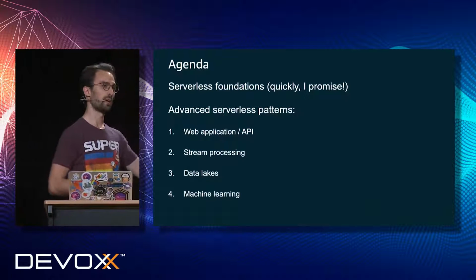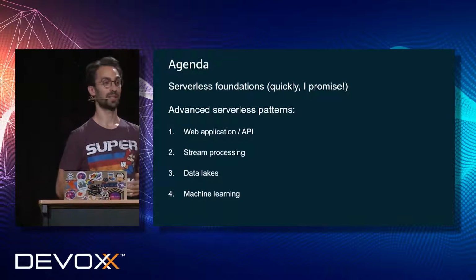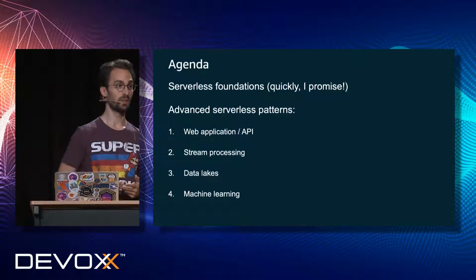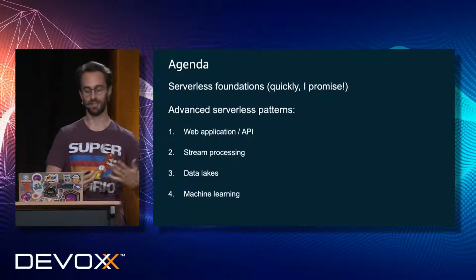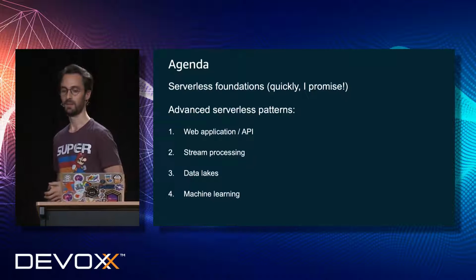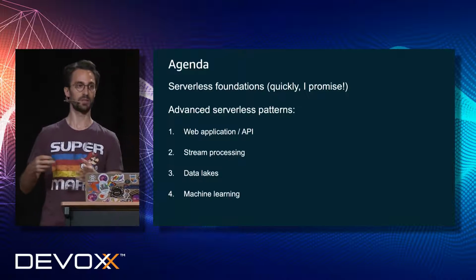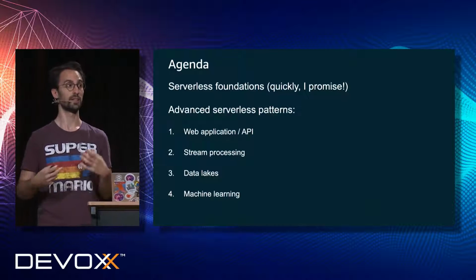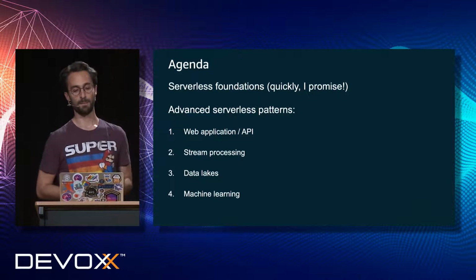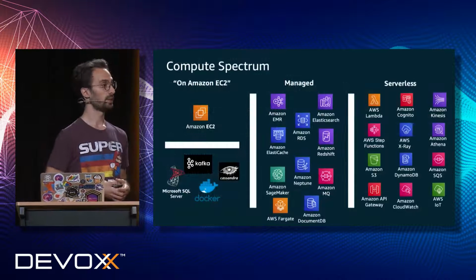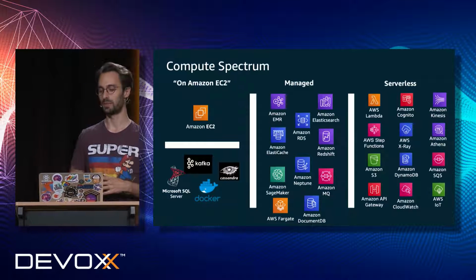So these are 4 macro areas where serverless can help you be faster, be cheaper, be more flexible, be event-driven. There are many advantages, I would say. And we'll look at different use cases and different other services that you can integrate into your patterns. So let's get started with the super quick introduction, I promise, about serverless.